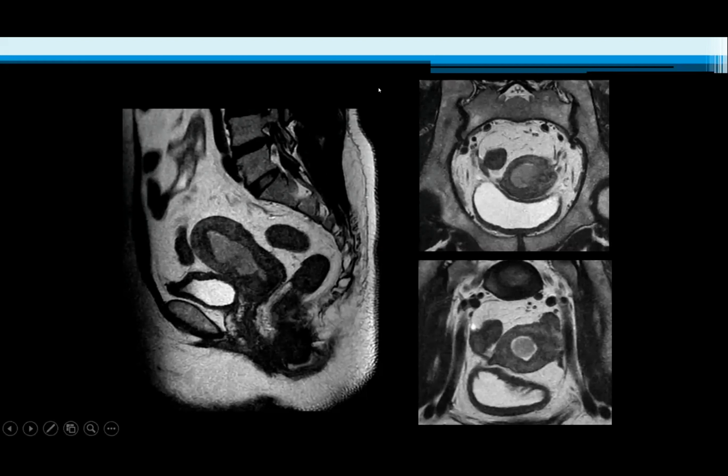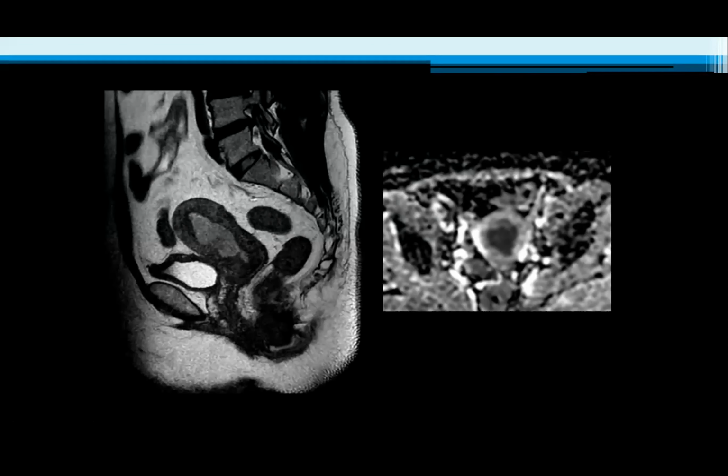When the patient was referred to us, we did MRI, which showed a heterogeneous intermediate signal intensity lesion in the endometrium, which is slightly involving the anterior junctional zone, you can see here, and on the lateral aspect also it's showing the junctional zone involvement.